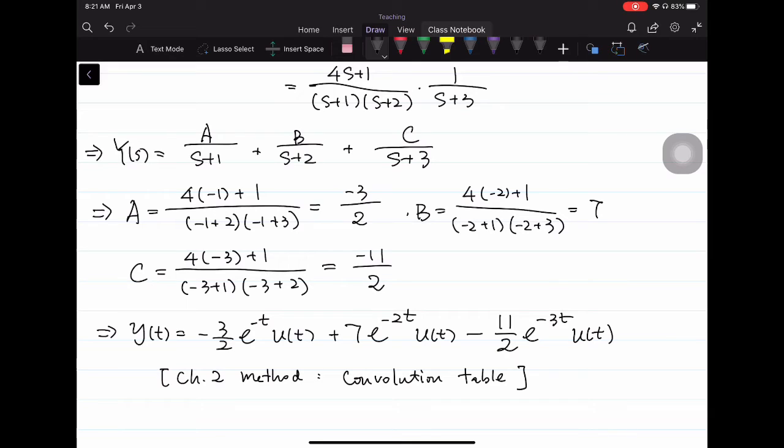And through your homework and the exam questions, you know using the convolution table and doing the calculations is not that convenient. Now, the Laplace transform, at least from my perspective, provides a more convenient, easier computation method to derive the zero state response.